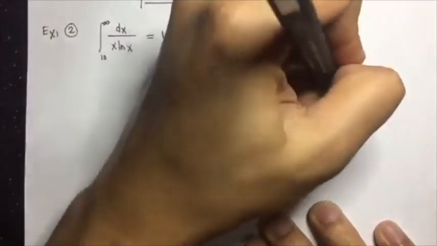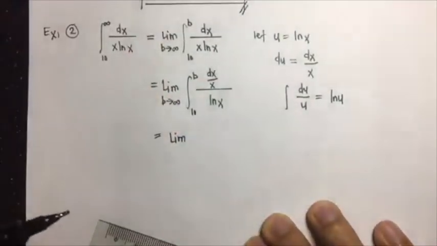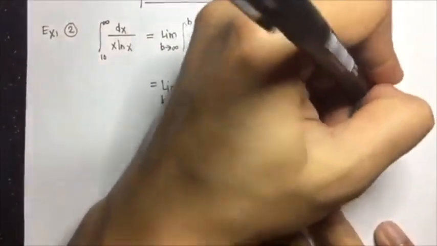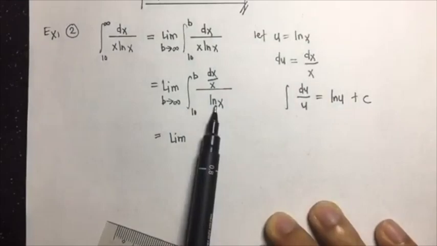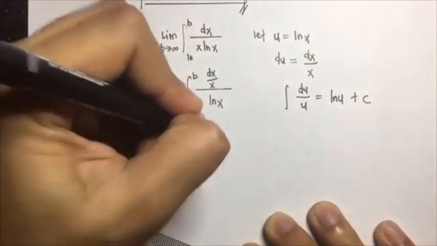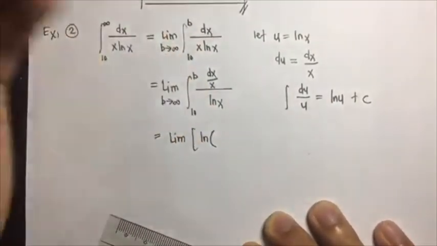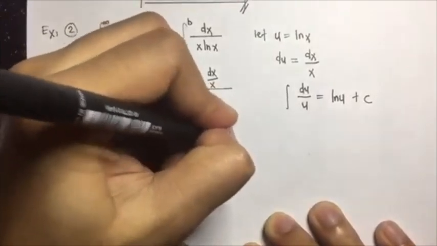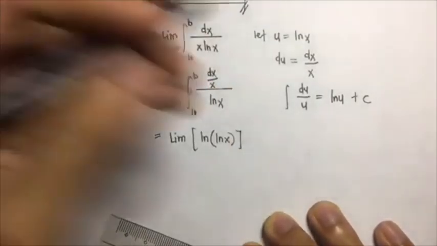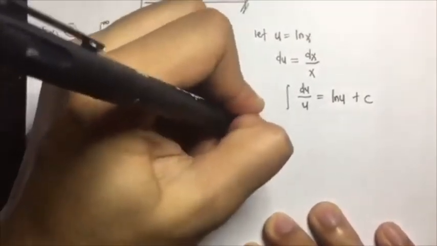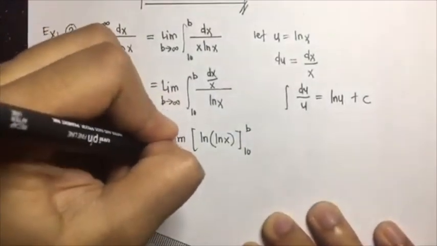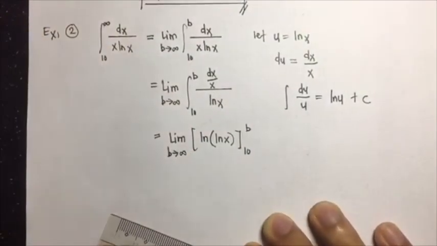So it will become ln of u, so it will become double ln: ln of ln x from 10 to b as b approaches infinity.